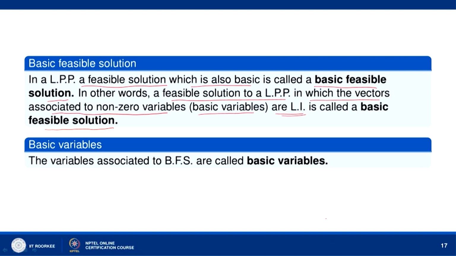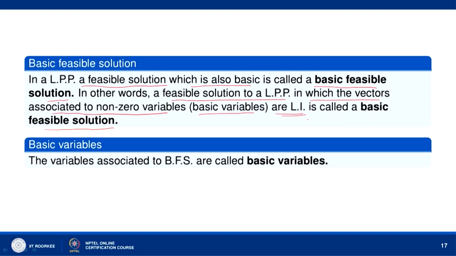So, that is a must, because otherwise if they are not linearly independent, then the determinant of the matrix formed from the coefficients of the non-zero variables will not be non-singular, and so the determinant would be 0.